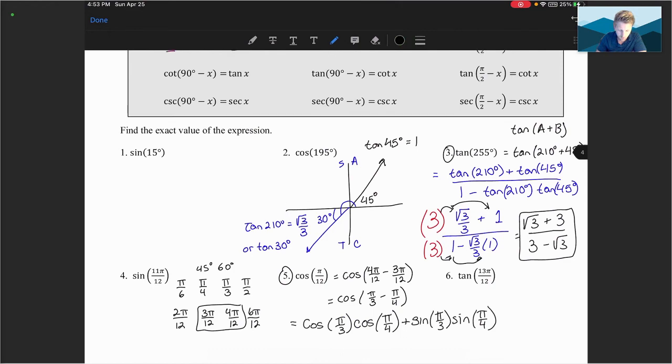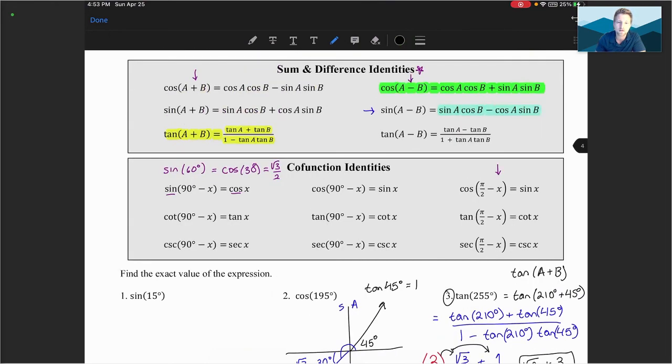Okay, so notice we're just following the pattern there set out by our difference of cosines in the bright green there.